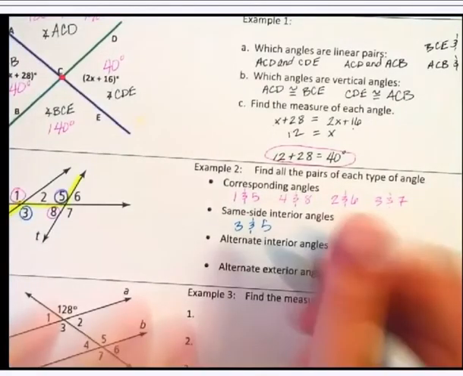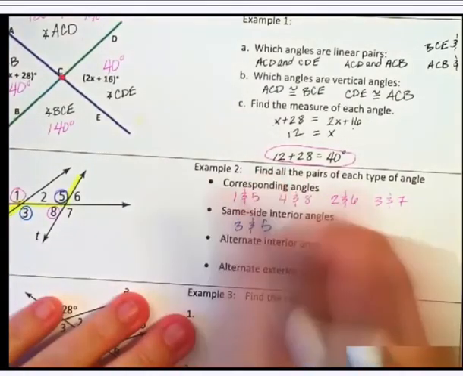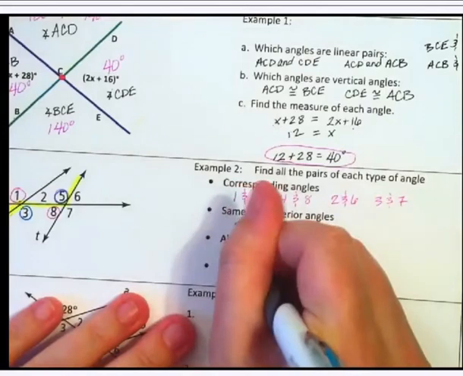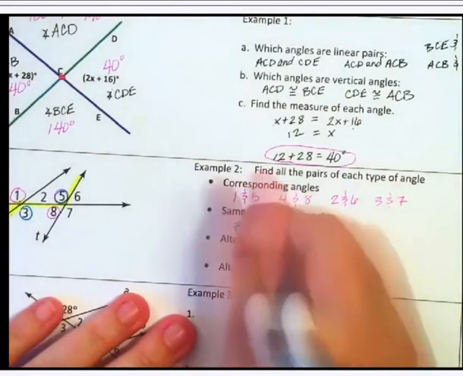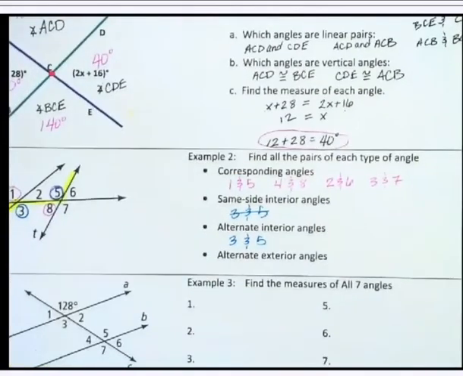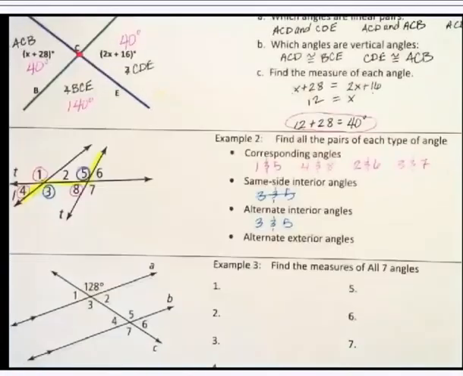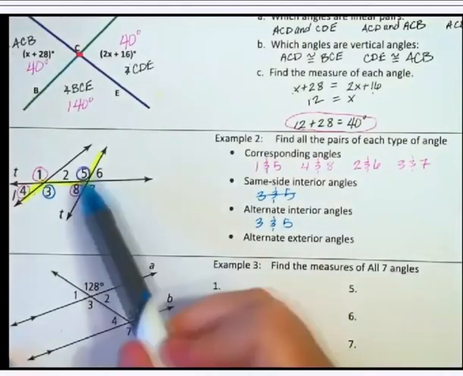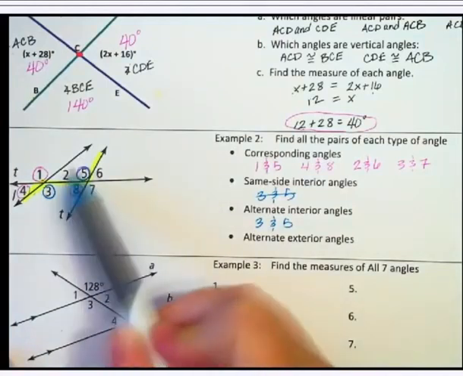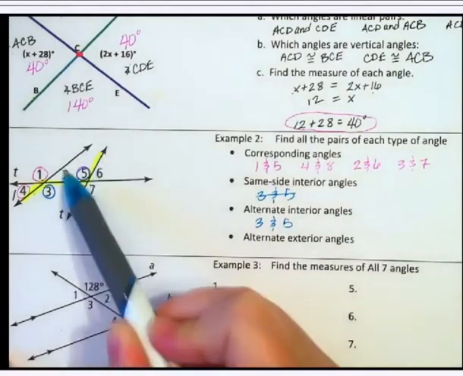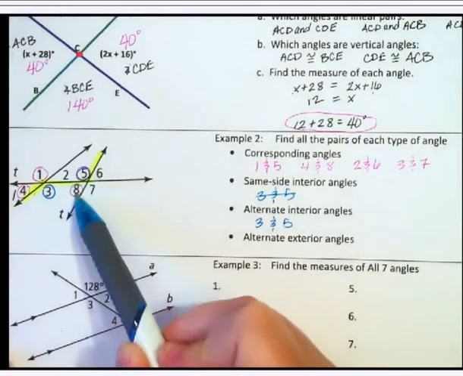Whoops, I'm sorry. I wrote that in the wrong spot. These are alternate interior. 3 and 5, alternate interior. Okay. Also, 2 and 8. So they're inside these lines, but they're on opposite sides of the transversal. So 2 and 8.